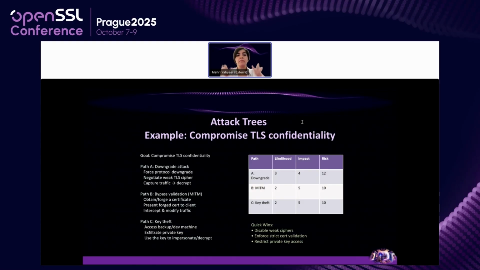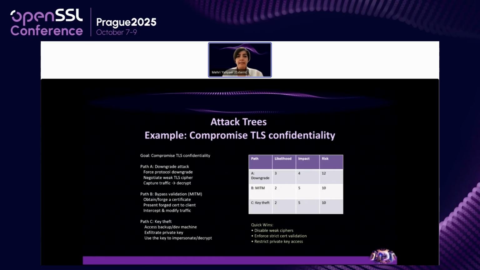There are some quick wins that could lead us to the best way of defense, including disabling weak ciphers, enforcing strict certificate validation, and securing private keys. So this is the practical way of using the attack tree in a real case.